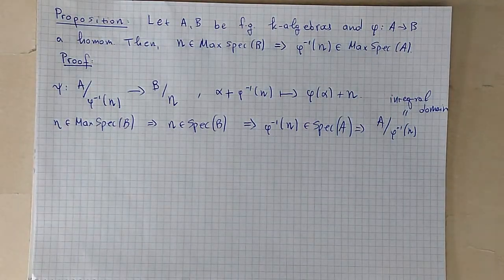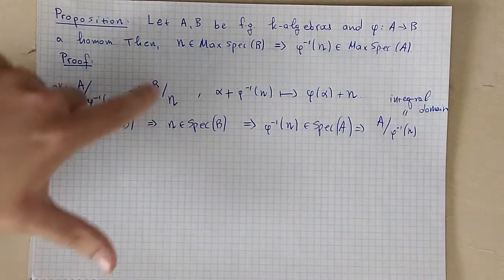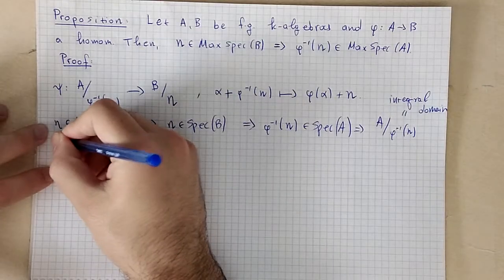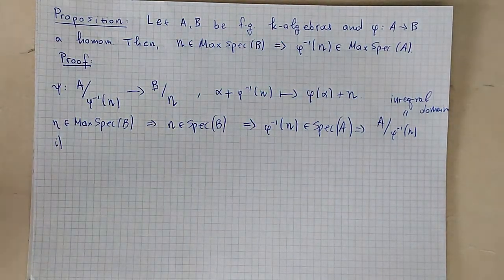On the other hand, n is a maximal ideal, which implies that it's also prime, which implies that B mod n is an integral domain. So we have a ring homomorphism between two integral domains. So the first thing we will prove is that this map psi is injective. And this is really easy.